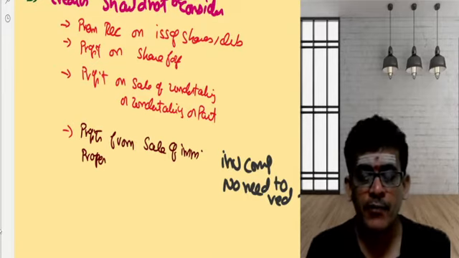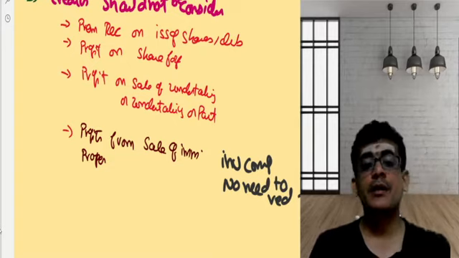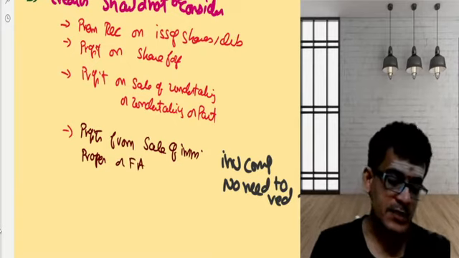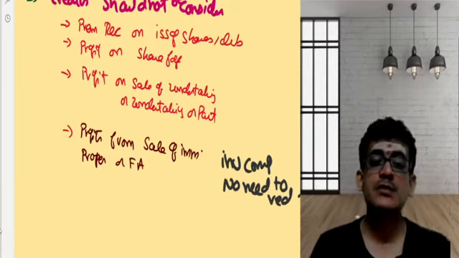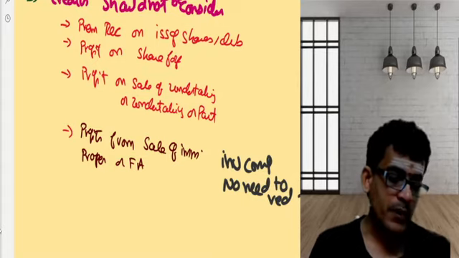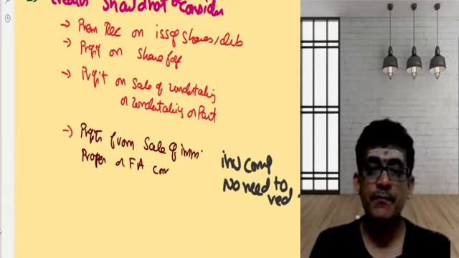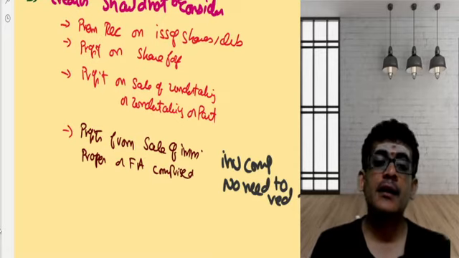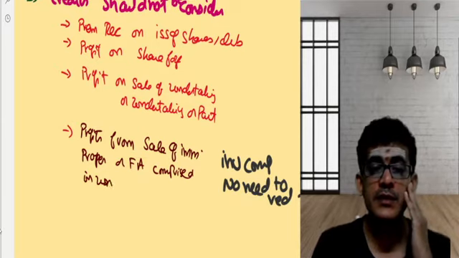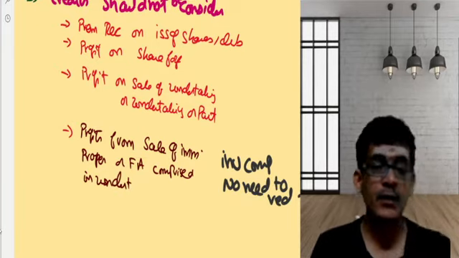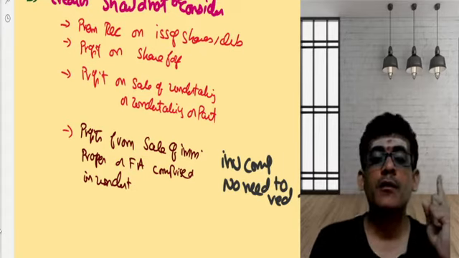Whatever profits you are getting from sale of immovable property, or it could be called your fixed assets, whatever name you are calling. Profits from sale of immovable property or fixed assets which is of a capital nature, comprised in the undertaking or undertakings. Unless the business, see, this point is not applicable for an undertaking.